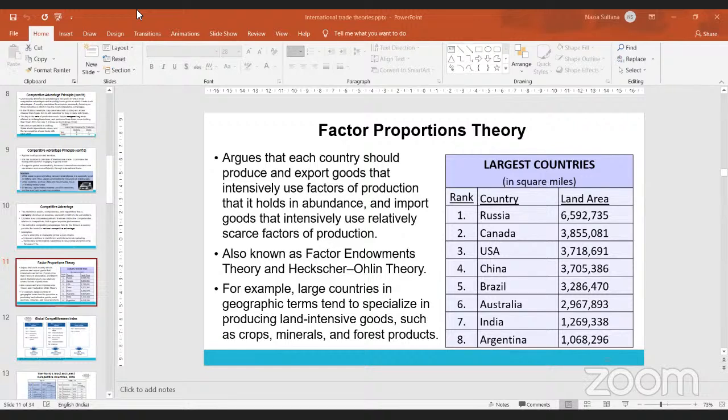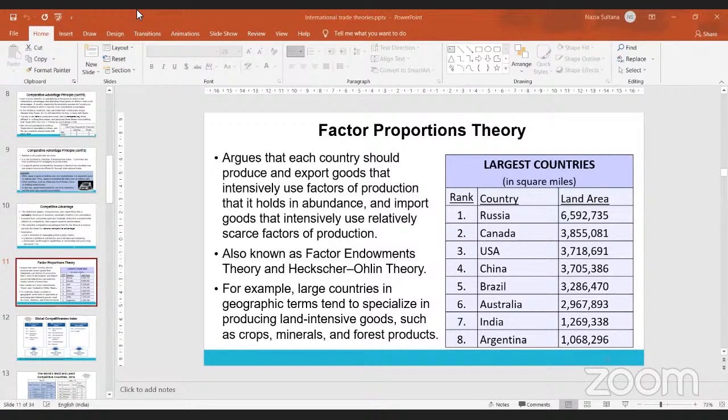So here you have examples of countries of the world which have land area, and these countries are land intensive, meaning they can cultivate that particular land.